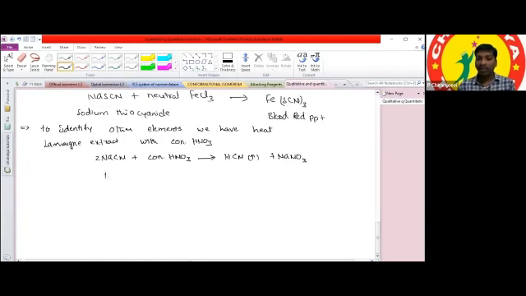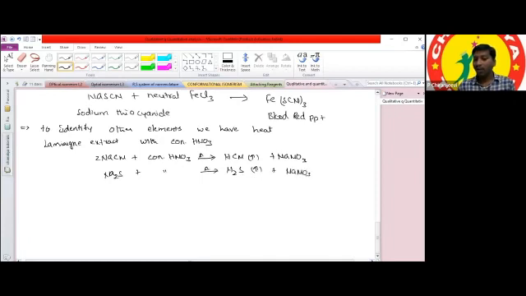Similarly, if the lysine extract contains sodium sulfide and it is heated with concentrated nitric acid, the sulfur comes out in the form of hydrogen sulfide gas, and the product contains sodium nitrate.